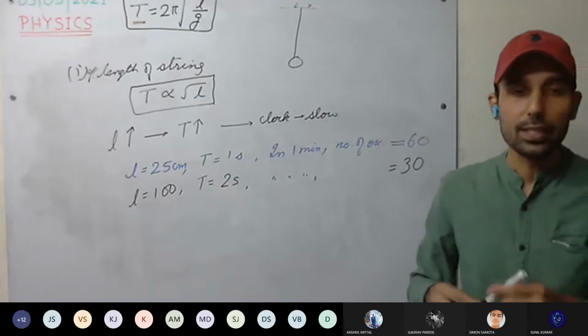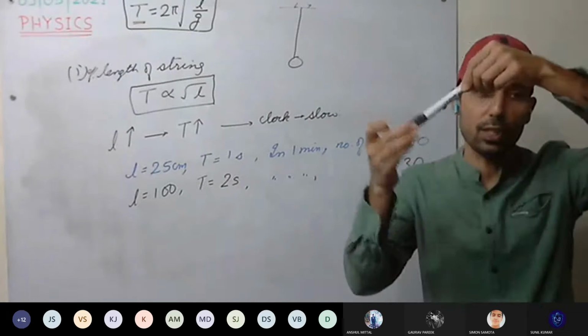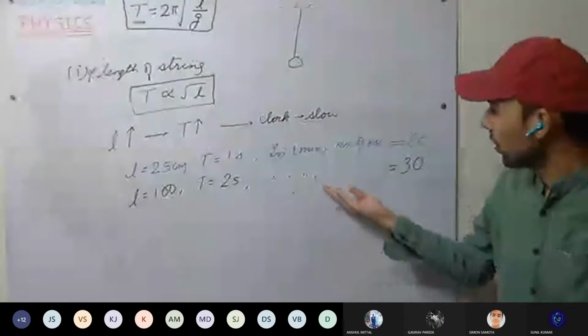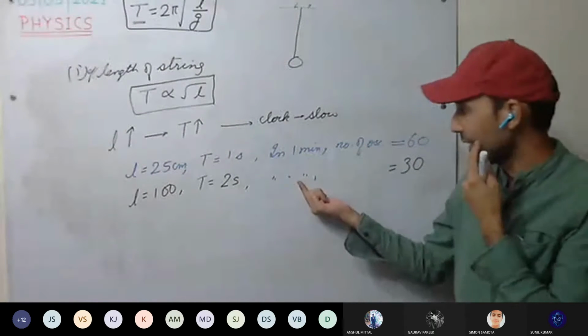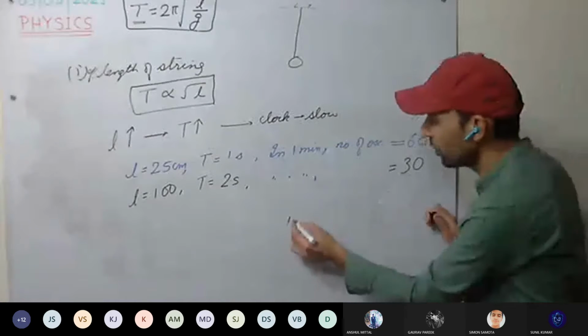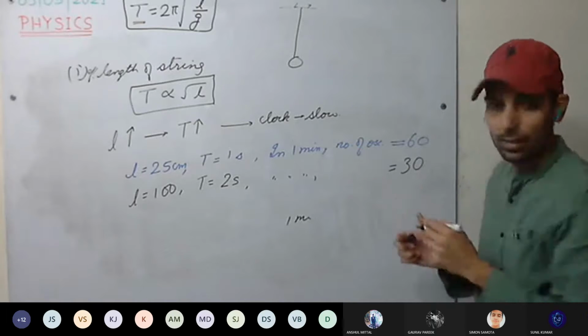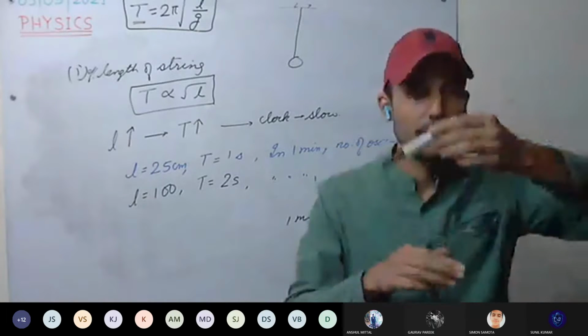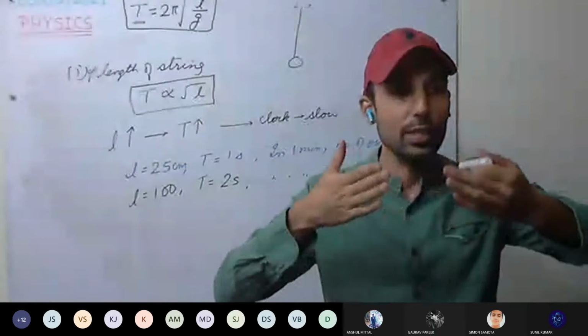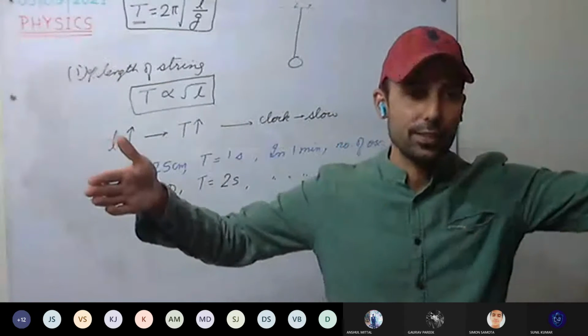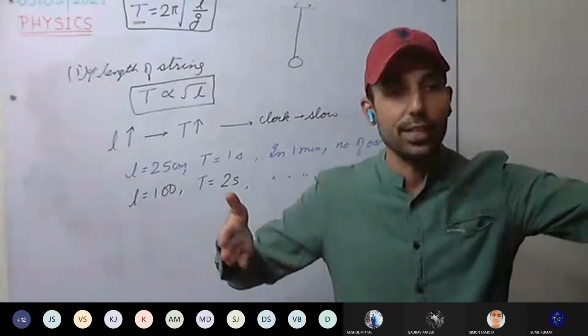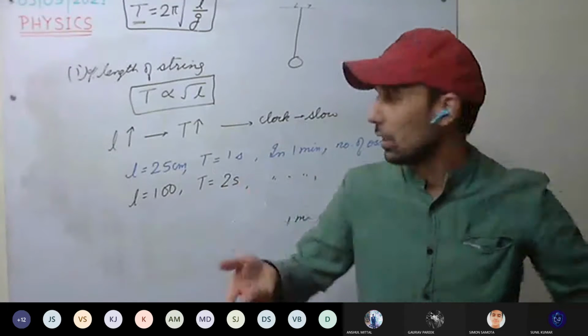Clock has become slow. It is taking more time to complete one oscillation. So our 1 minute now will take double the time. So it will seem to us that 1 hour is very lengthy. Understood?